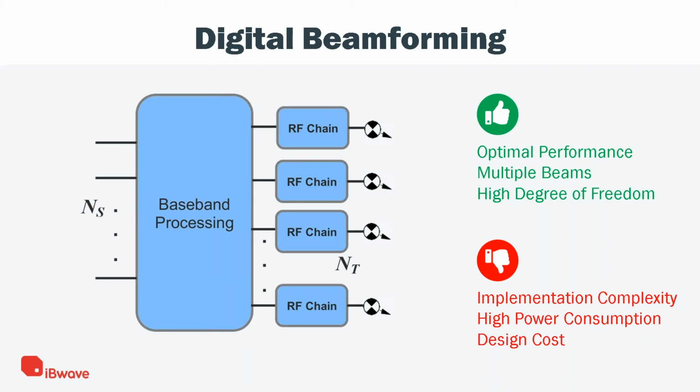Another disadvantage of digital beamforming is the high power consumption, because now you have a high number of RF chains. Of course, each RF chain will consume its own power, so you will add this power consumption as the number of RF chains is increased. And of course, this will make the design cost higher as well.